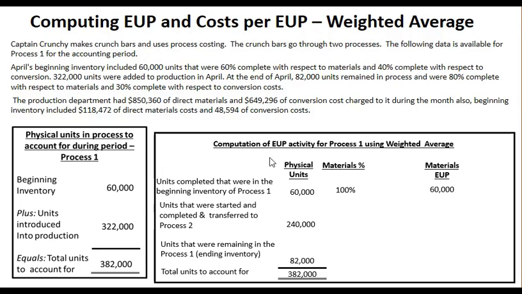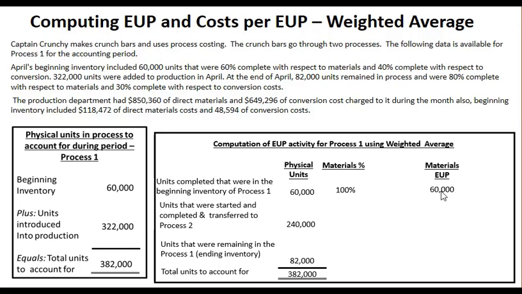Okay, I'm going to start off with my materials percentage. Now, in this case, when we use the weighted average method, it is going to be a little different in that instead of counting the amount of effort required to complete those units in production, I count those at 100%. So I take 100% as to materials times 60,000 physical units.